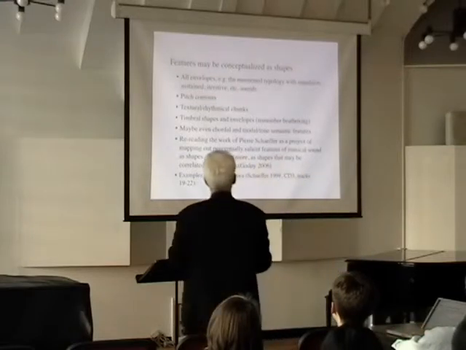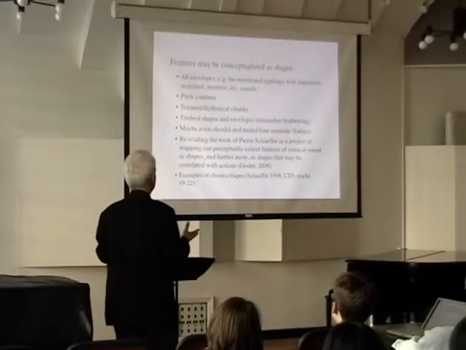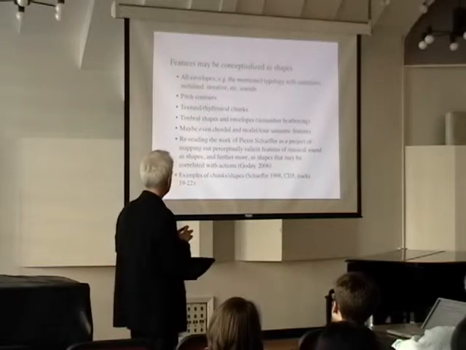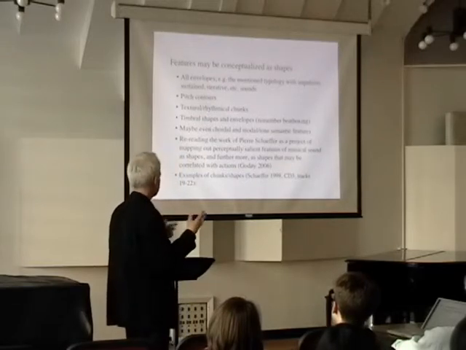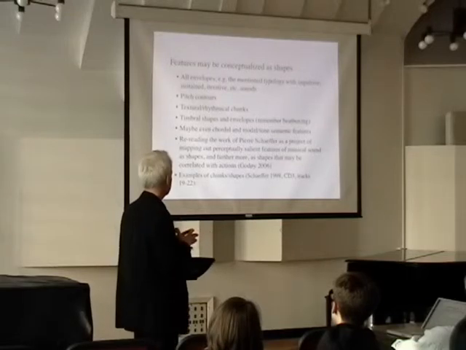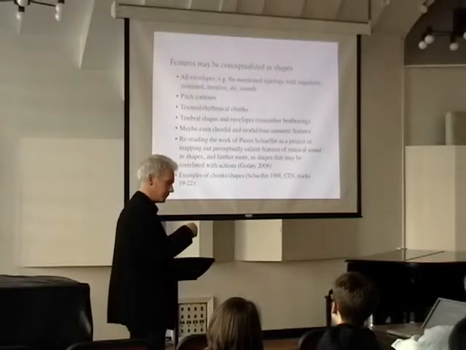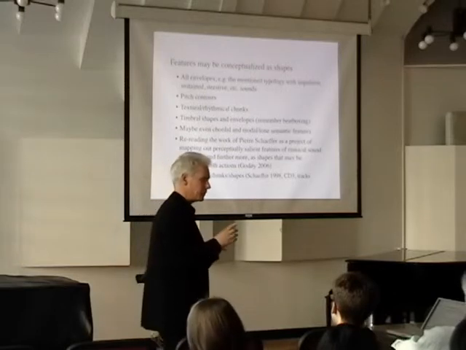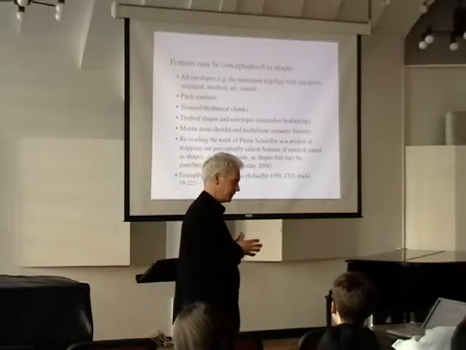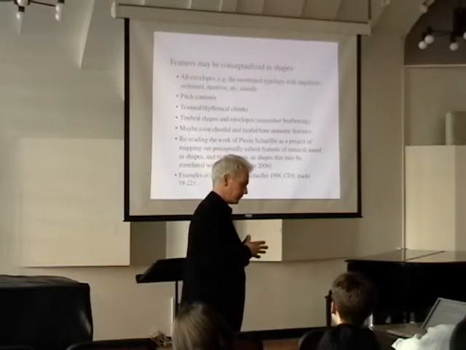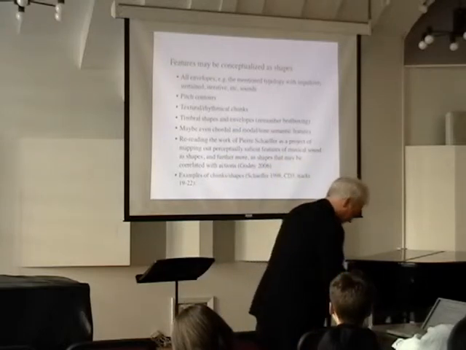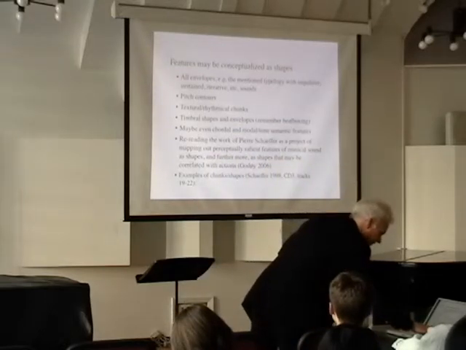So the idea is that features may be conceptualized as shapes, as pitch contours, textural rhythmical chunks, timbre shapes, and so on. And again, returning to Schaeffer, that was precisely what he ended up with in his typology and morphology of musical objects. So I just want to play some short examples so you know what this is about.